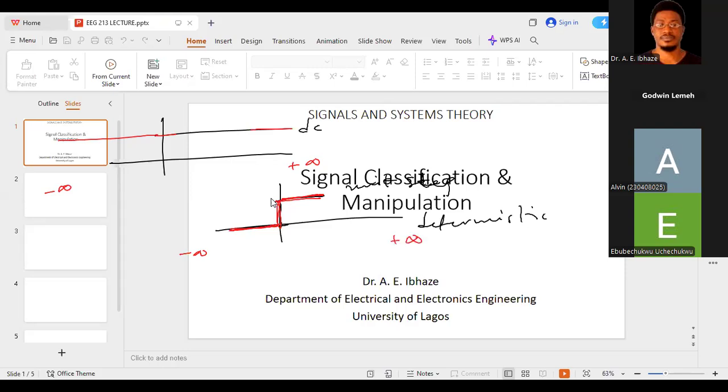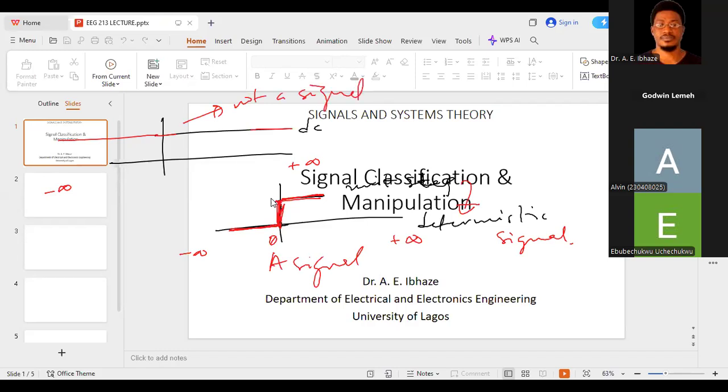So there's some level of discontinuity at the origin, and as such, it maintains a certain value at different time intervals. So this unit step function is a deterministic signal. It's a signal, while this is not a signal. Okay, just to clear all that.